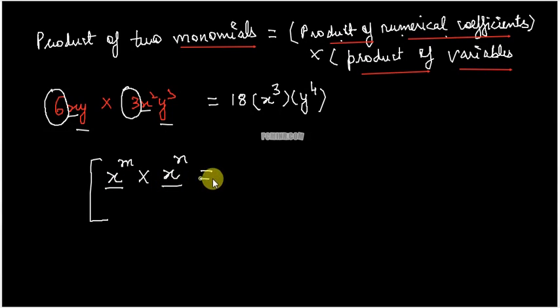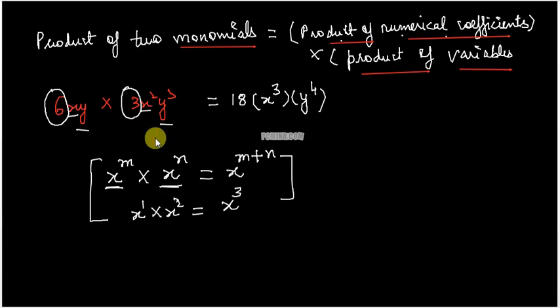Then the product of x raised to the power m into x raised to the power n becomes x raised to the power m plus n. That is the law of indices: if your base is the same, I will add the powers. So x into x square, x means x raised to the power 1, and x square, the powers get added, I get x cube.